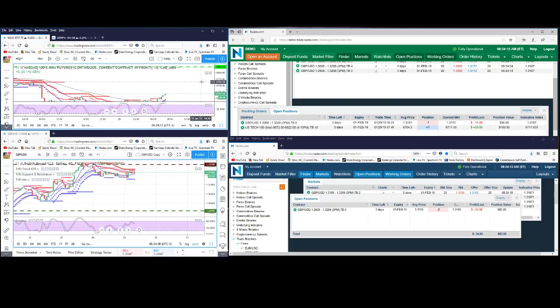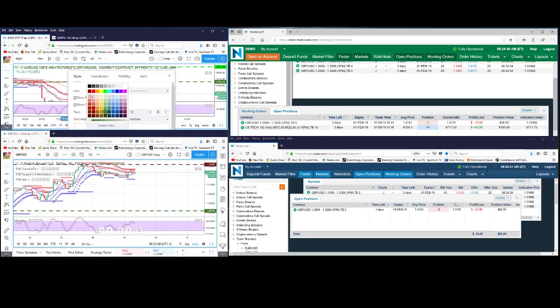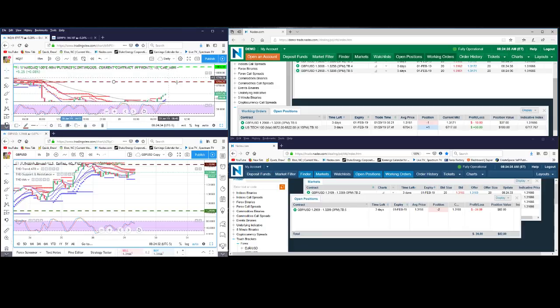The one area on the NASDAQ you need to watch now is 2763.50. And I'm going to make that dark red. That just tells me it's a potential resistance area.